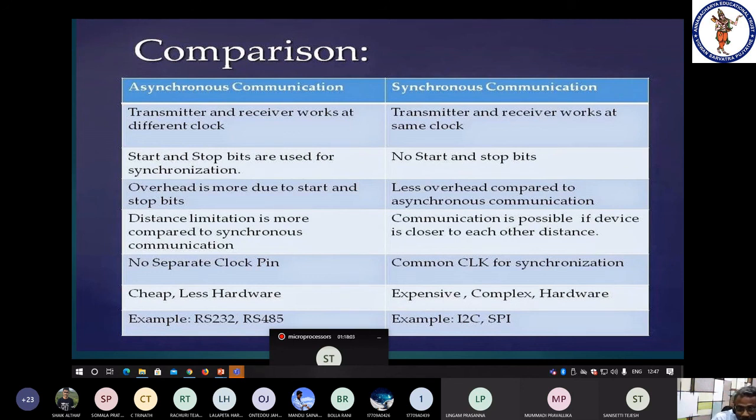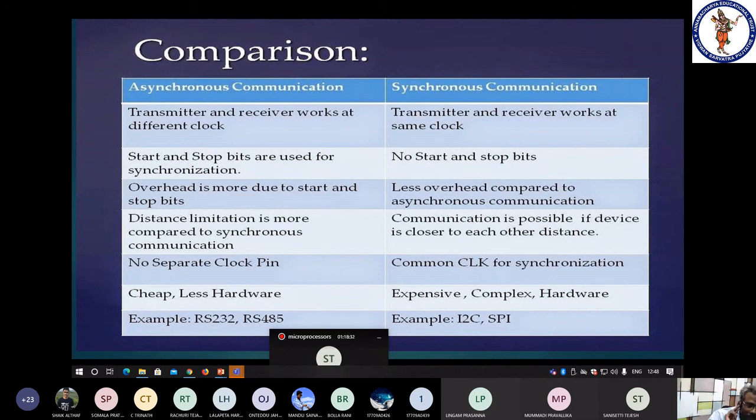Among the two, which one uses bandwidth effectively? Synchronous or asynchronous? Synchronous, sir. Using all 1000 is not effective. So we have to minimize the wastage of bandwidth.